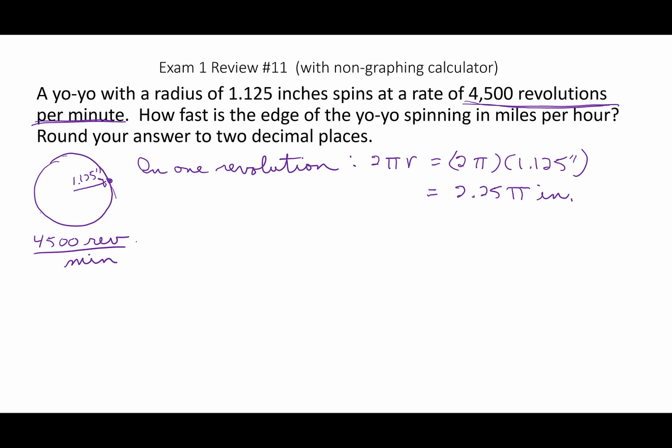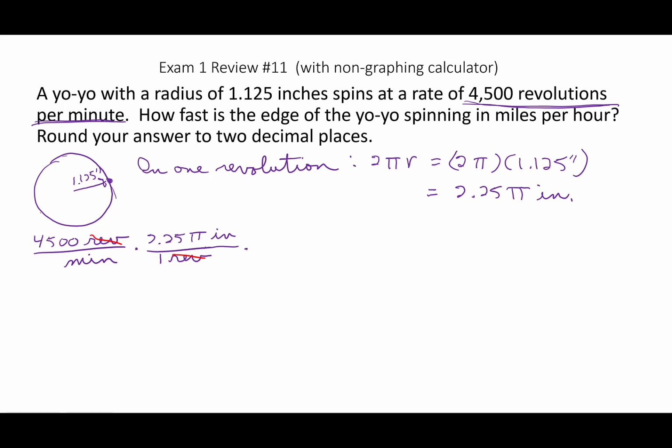Well, in one revolution, we just found that we're going to go 2.25 pi inches in one revolution. So what we're doing here is we're multiplying by fractions that enable us to cancel out units and move on to new units. So we've taken care of the revolutions, and we'll take care of units as we move along.